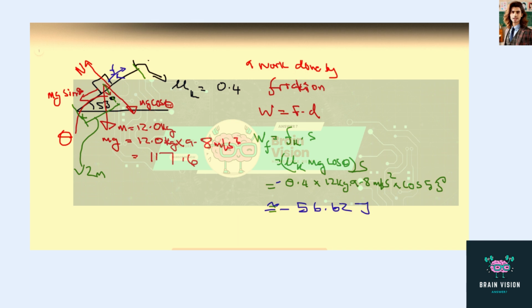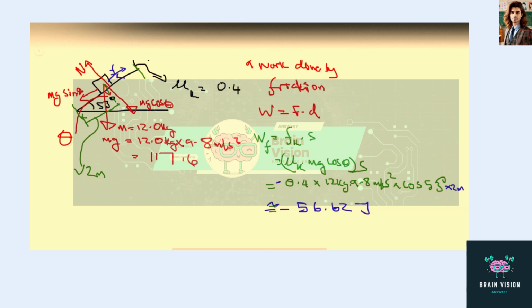So you have 0.4 times 12 times 9.8, that's 47.04. Then you multiply that by cosine of 53, and then times 2, the distance it travels, 2 meters. And that gives us negative 56.62.